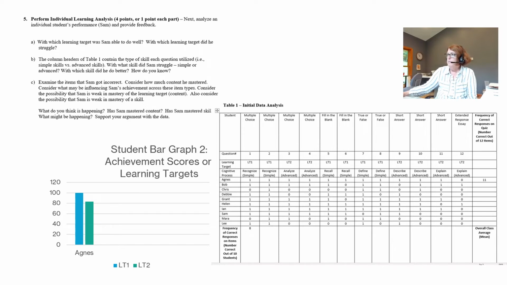Question number 2 was a multiple choice, aligned with learning target 1, simple skill, recognize. Question 3 was a multiple choice, and it was aligned with learning target 2, and it was aligned with an advanced skill of analyze. So that's something that, remember, we've learned about before, which is just because it's multiple choice doesn't mean it's simple.